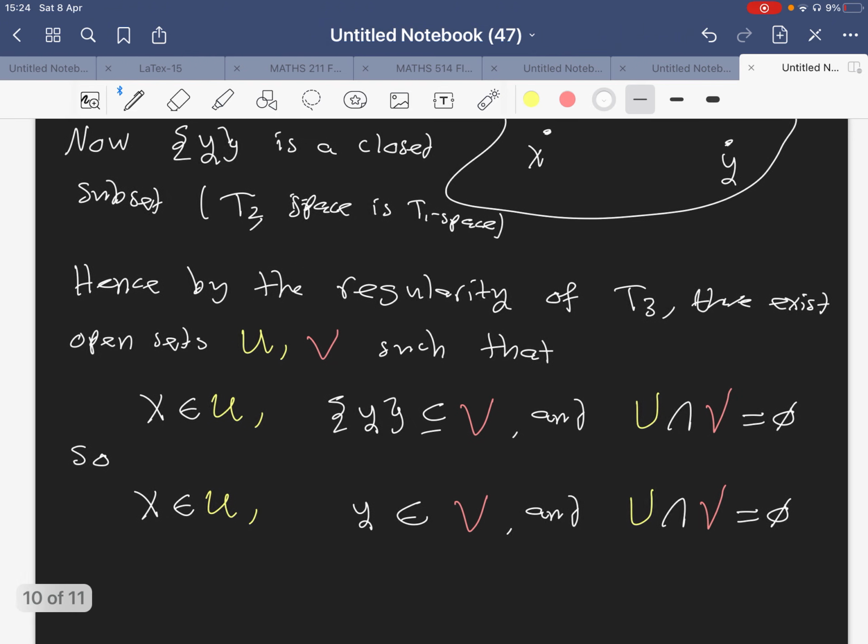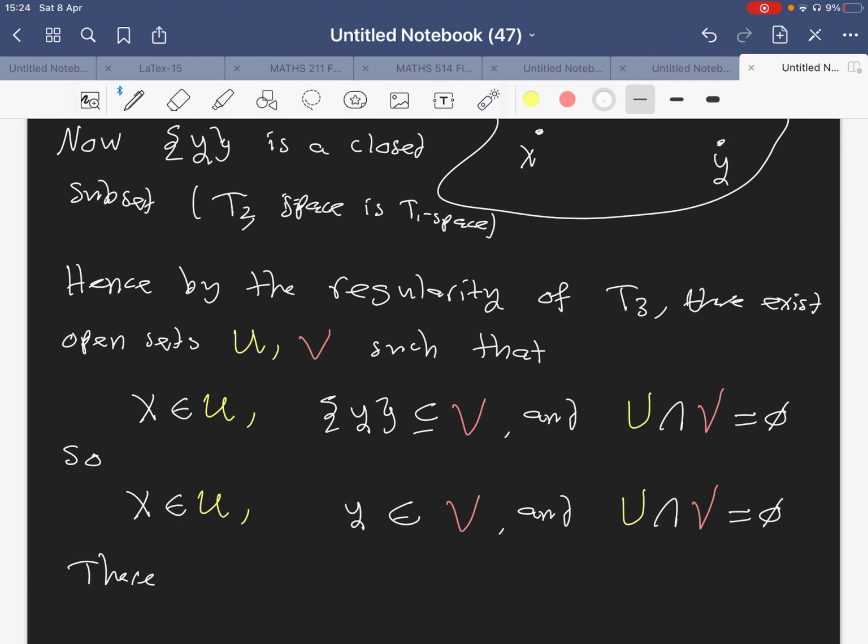Therefore, the space (X, tau) is a T2 space, because we can separate 2 points by 2 open sets. This is a Hausdorff space, and that gives me the proof of lemma number 5.